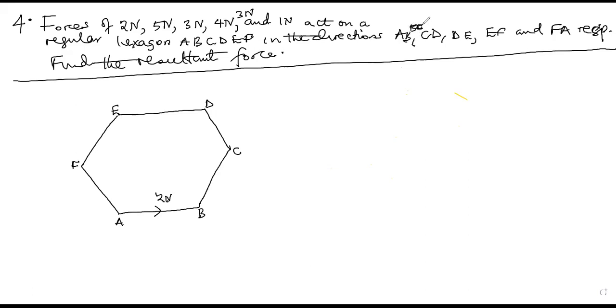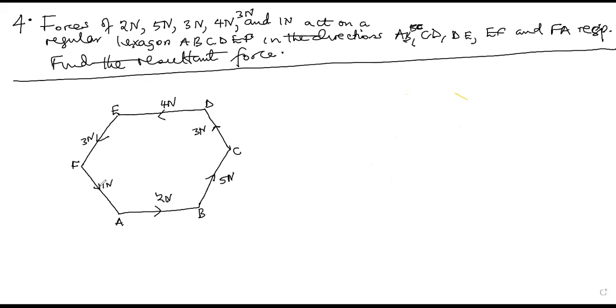BC is the one which is taking on a 5 Newton force. Then CD is taking on a 3 Newton force. Then DE is taking on a 4 Newton force. Then EF is taking on a 3 Newton force. Then FA is taking on a 1 Newton force.